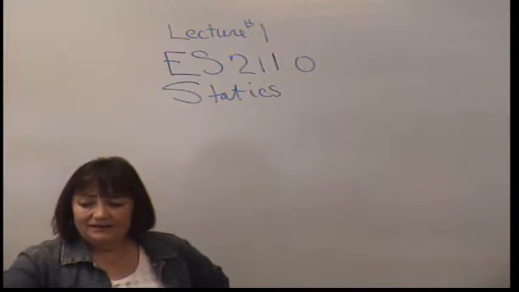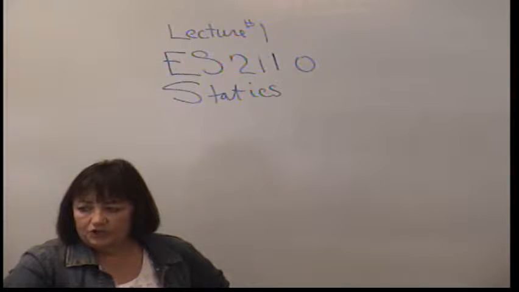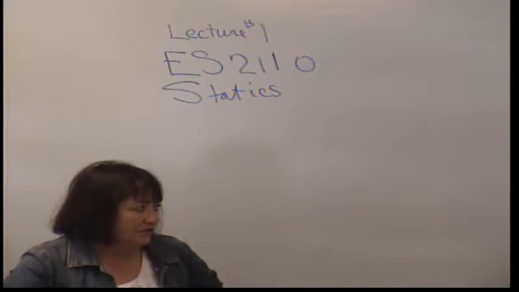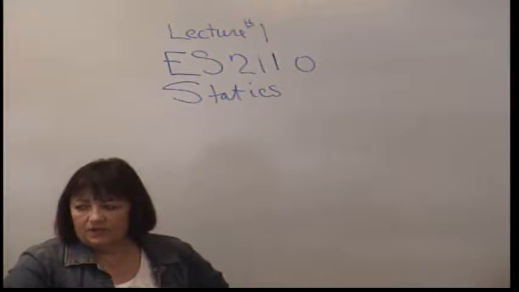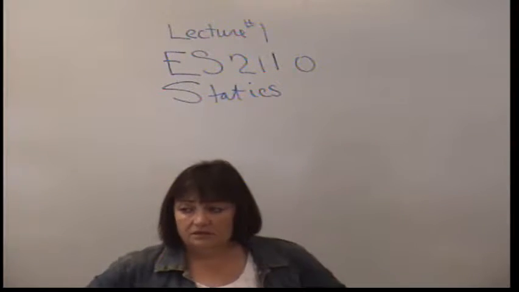So the catalog description for this course is a vector approach to the mechanics of stationary particles and rigid bodies. We talk about external forces, moments, frictional forces, and fluid statics. Sometimes we talk about fluid statics. The prerequisite for this course is Calculus 1.